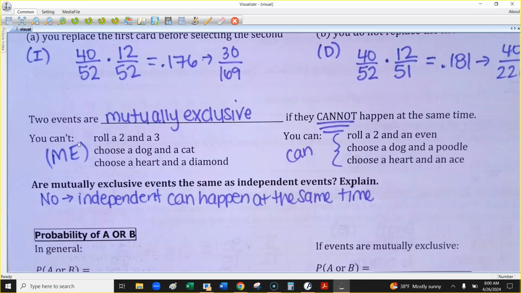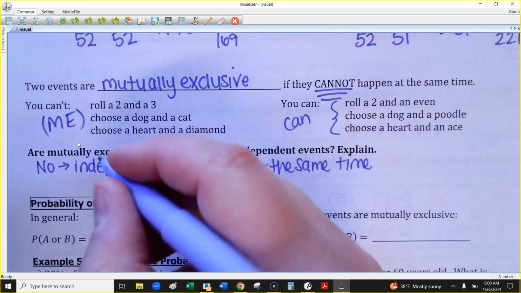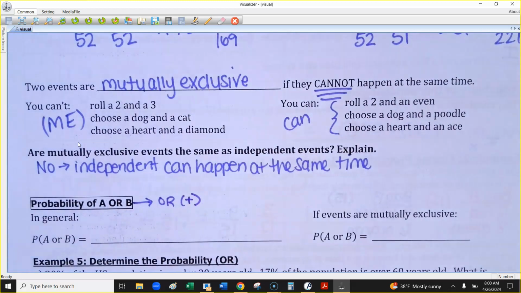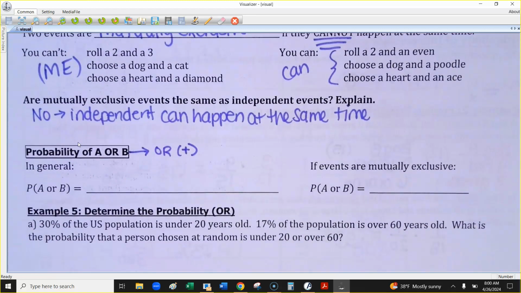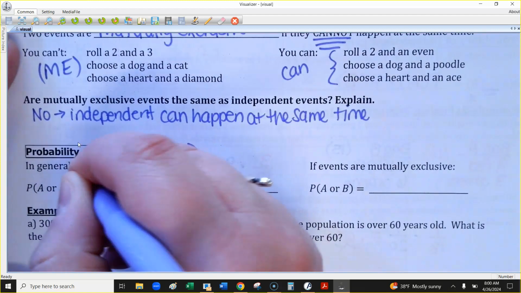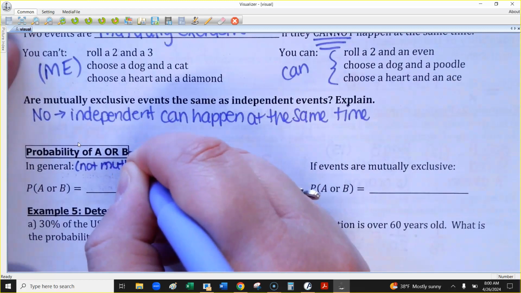Okay, now this is going to lead us into the probability of A or B. If you see the "or," I want you to think, okay, we're going to add these probabilities together. So in general, to do the probability of A or B, and let me say not mutually exclusive, because there's a separate formula for that.